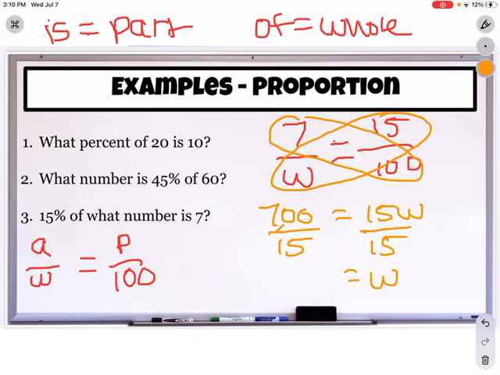I'm going to round this number to the nearest tenth. As per your directions on your page, please round either to the nearest whole number, hundredth, whatever it says on your paper. But for me, I'm going to round it to the nearest tenth, which means mine would be 46.7.